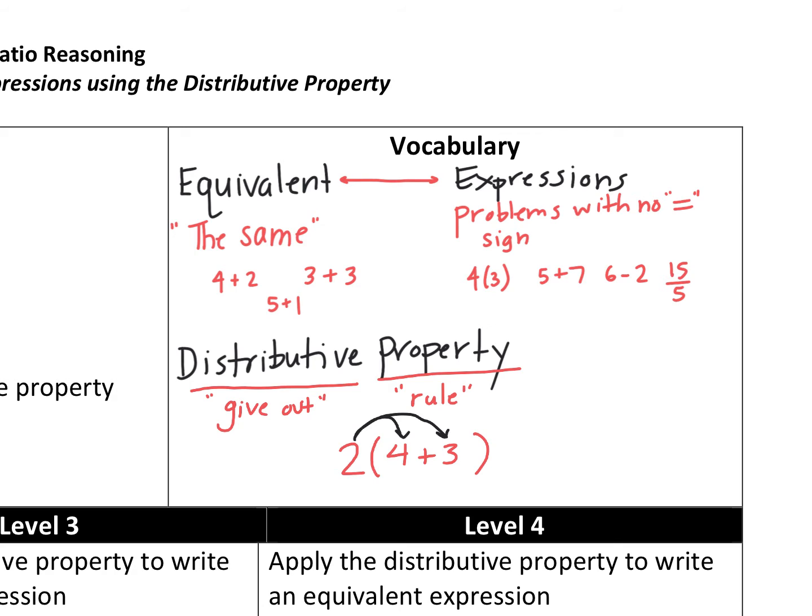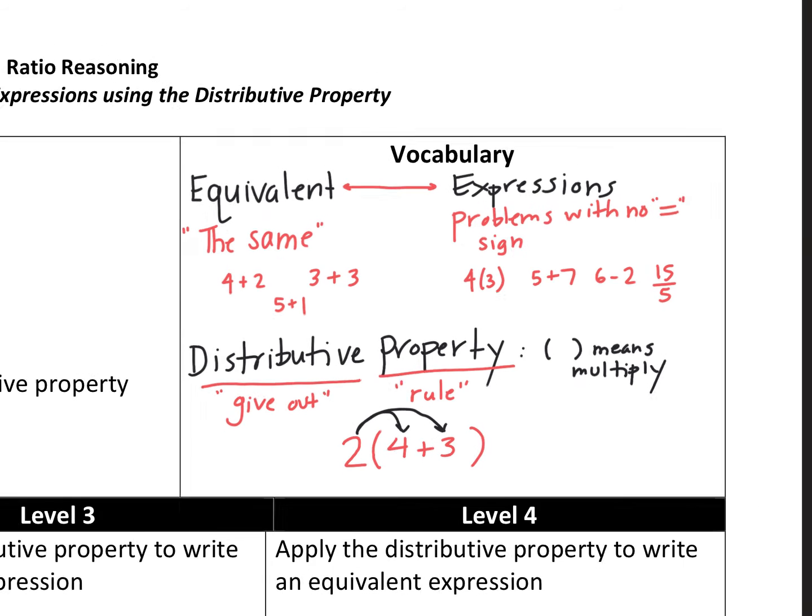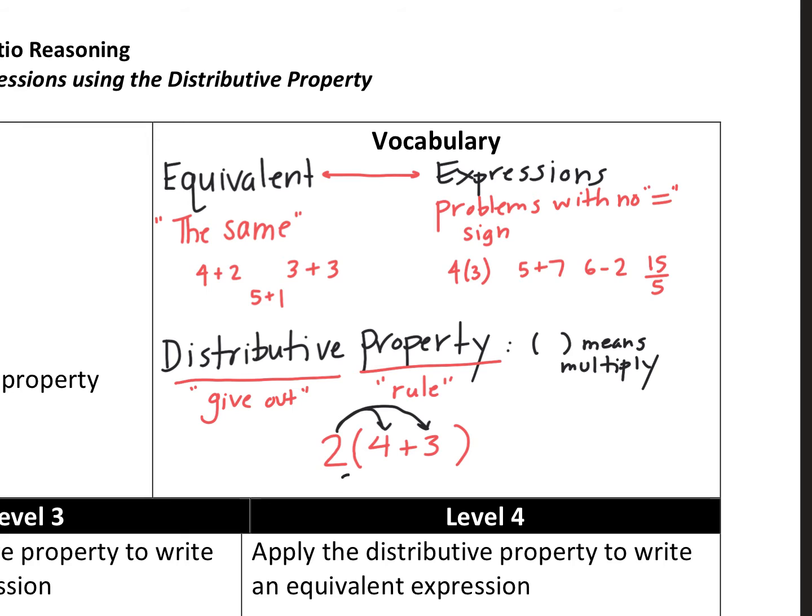Something really important to keep in mind is that parentheses means multiply. Write that down because that's really important. It's part of your success criteria. So in this case, we're going to multiply 2 times 4 and then multiply 2 times 3. 2 times 4 gives us 8.